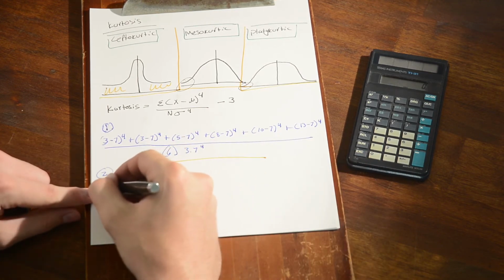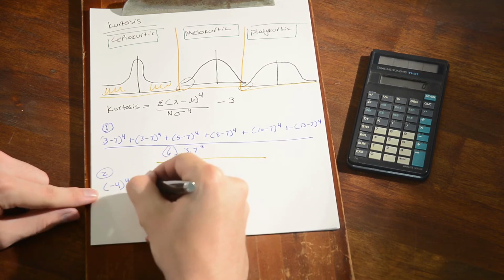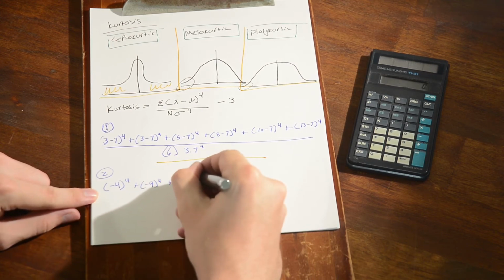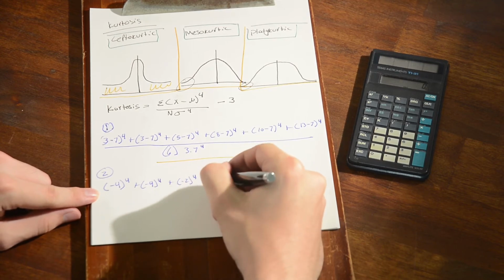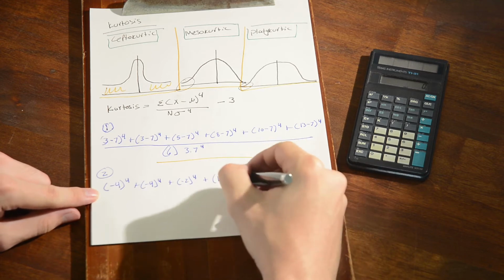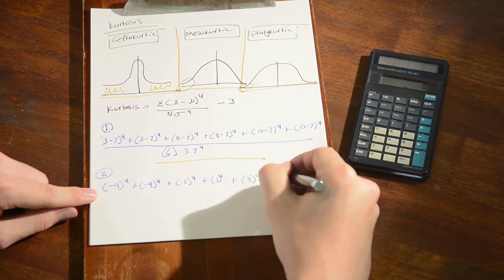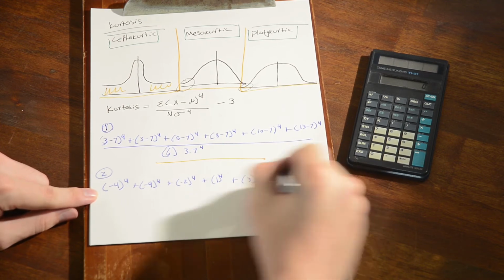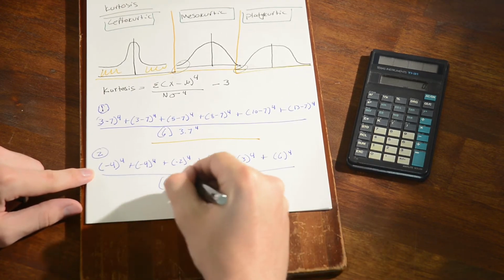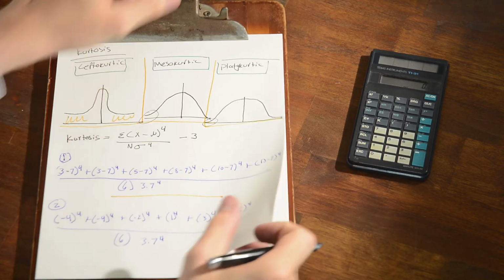We're going to end up with negative 4 to the fourth plus negative 4 to the fourth plus negative 2 to the fourth plus, we'll just keep that in parentheses actually, 1 to the fourth, plus 3 to the fourth plus 6 to the fourth over 6 times 3.7 to the fourth. Now let's go on to the next page for the next 3 steps.